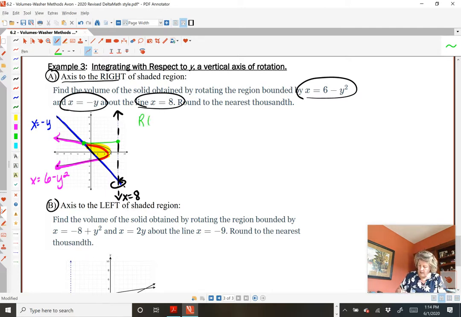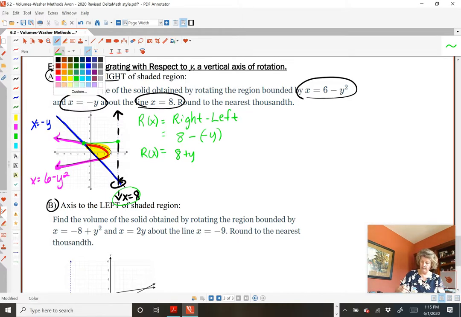So big R, now that we're working in y's, you've got to think in your brain right minus left, because we want the distance in x. So that's right minus left. Right function, well, that's x equals 8 minus my linear function, negative y. So I get 8 plus y for the big R.